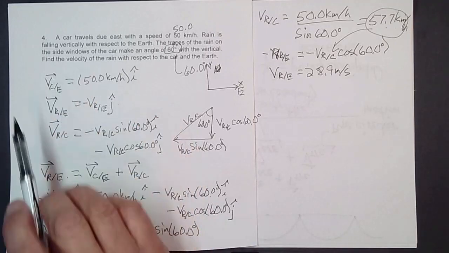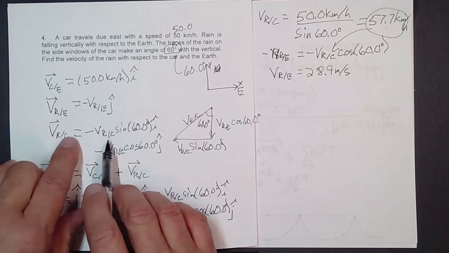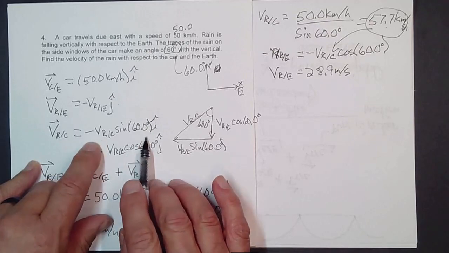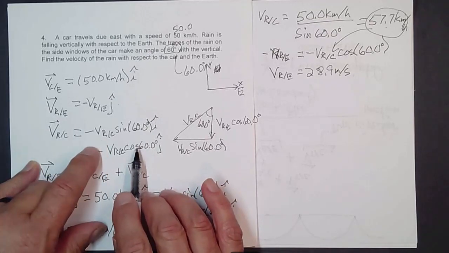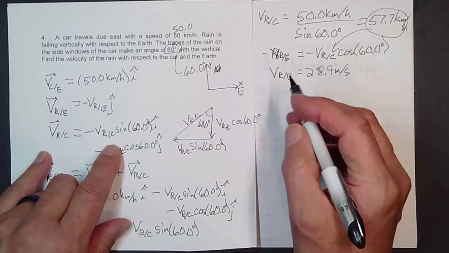It says find the velocity of the rain with respect to the car. Well, I may have figured this out. I'll have to multiply this number by those things.